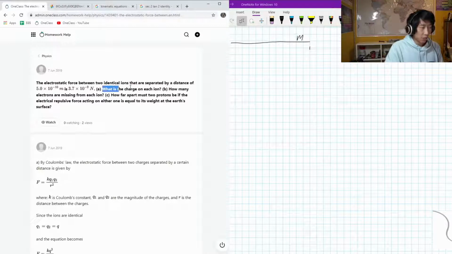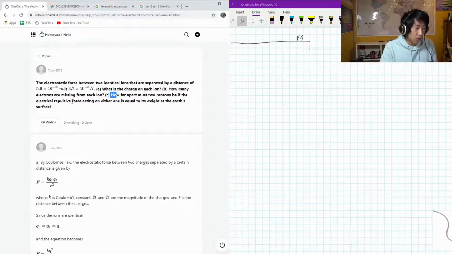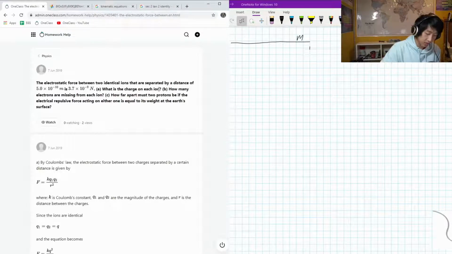Now we have to find the charge of each ion, how many electrons are missing from each ion, and how far apart must two protons be so that their repulsive electrical force is equivalent to gravity on Earth's surface. Let's handle this question one point at a time.